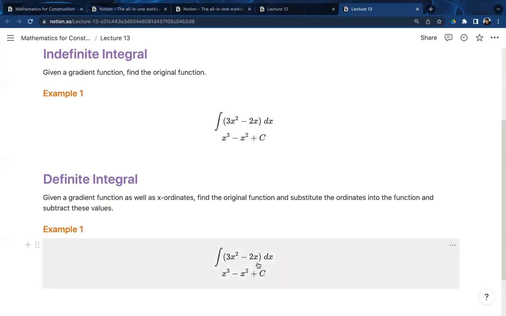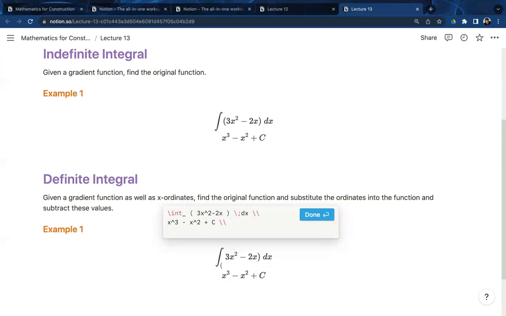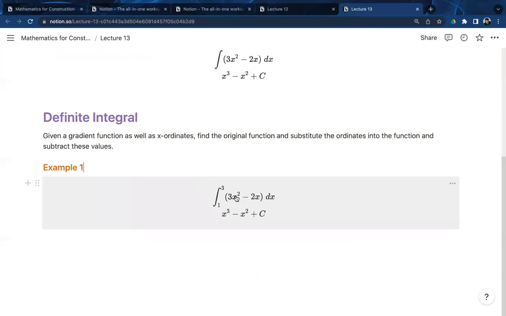Okay, so here, if I ask you the integral between 1 and 3, okay, this is a definite integral now. And what's happening here is you're usually given limits. The lower limit is the number below, and the upper limit is the number above.